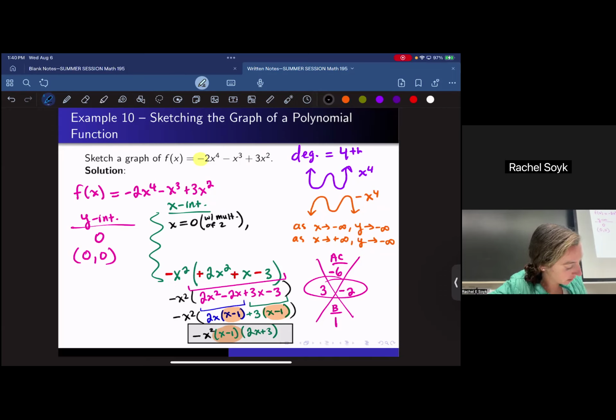And then we have x equals 1. And then we have this 2x plus 3. If we set that equal to 0, it ends up being fractional. You get negative 3 over 2, which is smaller than all of the others. So I'm going to put it first so that it's in ascending order.